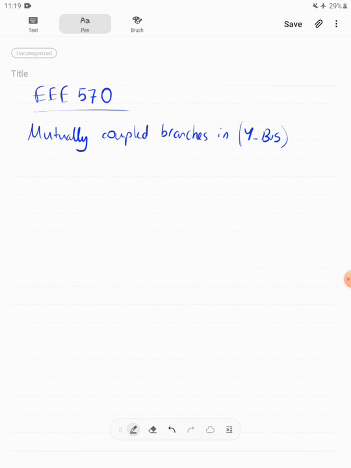Today I want to continue with the mutually coupled transmission lines or branches and how they are included in the formation of Y-bus.